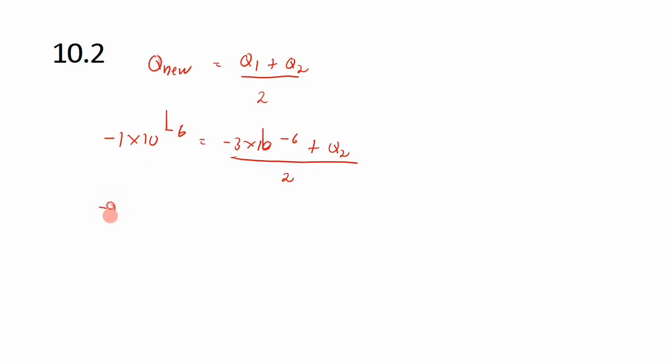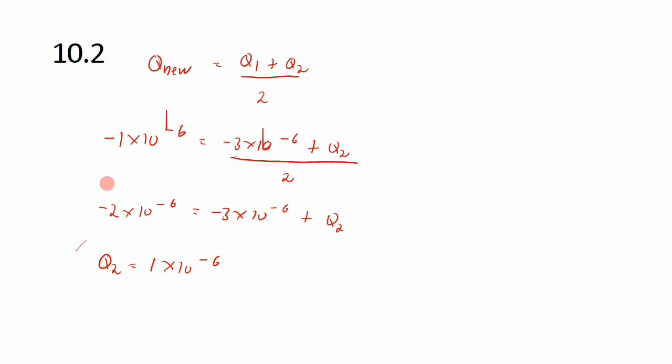Then at this point we have to cross multiply here. So we have -2 times 10 to the exponent of -6 is equal to -3 times 10 to the exponent of -6 plus Q2. Now at this point we can take this and transpose it to the left hand side, and then we will end up with Q2 being equal to +1 times 10 to the exponent of -6.